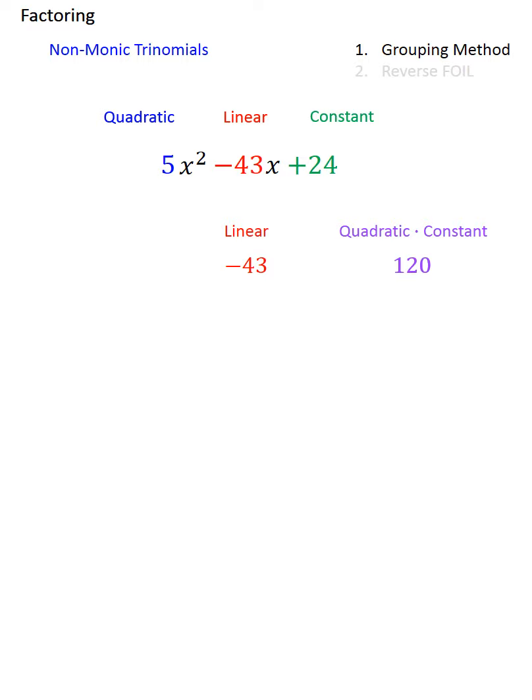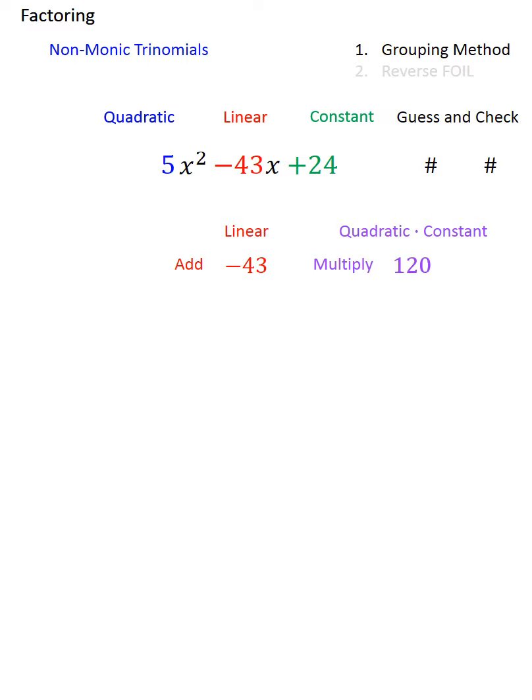So for whatever strange reason, because the mathematician said so, I did 5 times 24 is 120. Now what mathematicians in prior generations have figured out is that we need to guess and check 2 numbers. And those 2 numbers have to, 1, multiply to be 120 in this case, and 2, they have to add up to negative 43. Again, why this works is a completely different story than what I'm telling here.